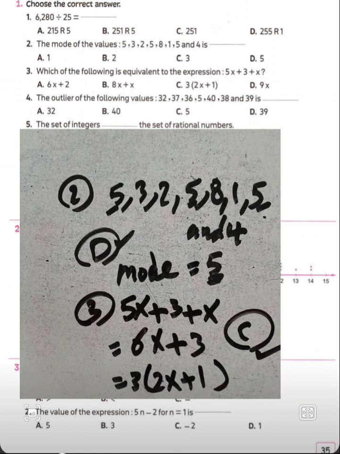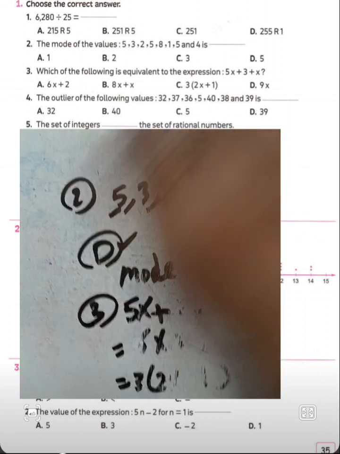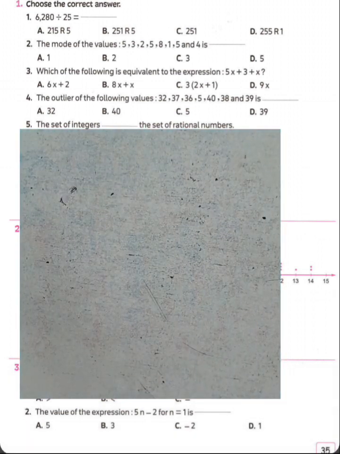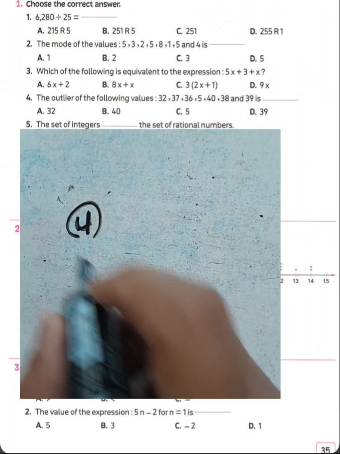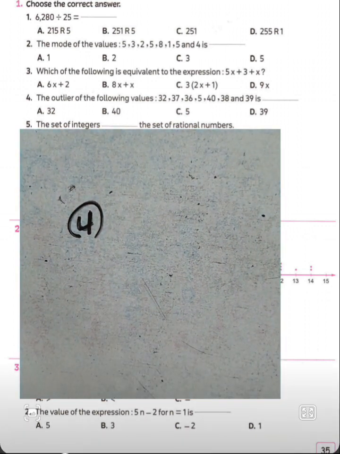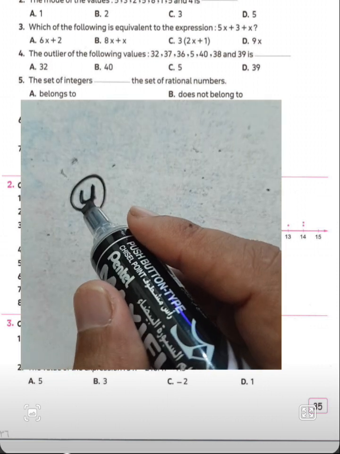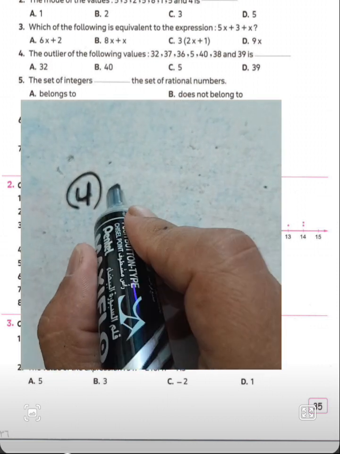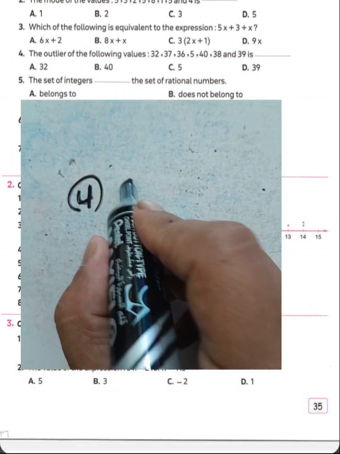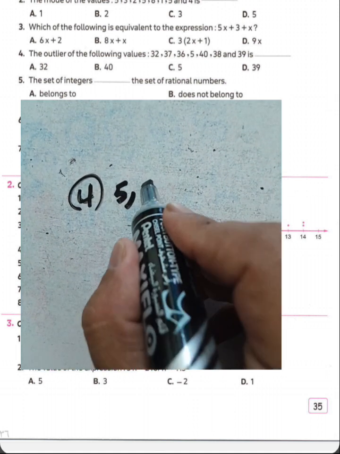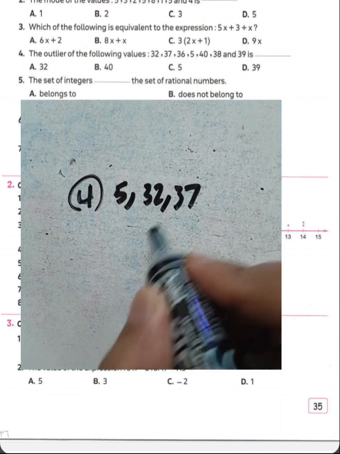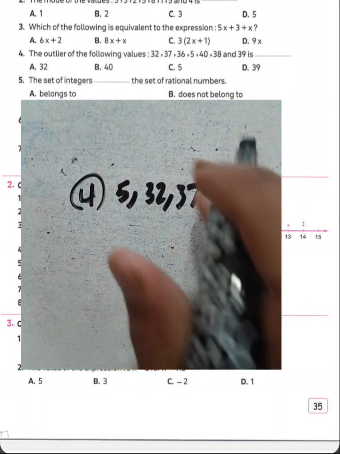Question number 4. The outlier of the following values 32, 37, 36, 5, 40, 38, and 39 is. We want to find the outlier of the following values. First, we can write all the numbers here, arranged.